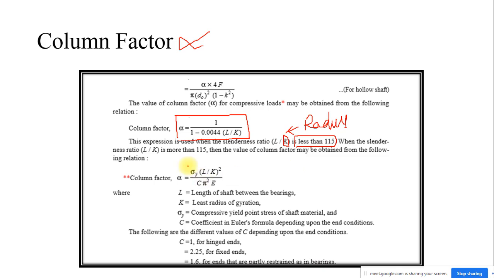If it is more than 115, we have to use the other formula for the column factor alpha. So alpha is the factor to be added along with the formula. The reason is that we have an axially compressive load acting on the shaft. All the remaining things are given in the formula data sheet.